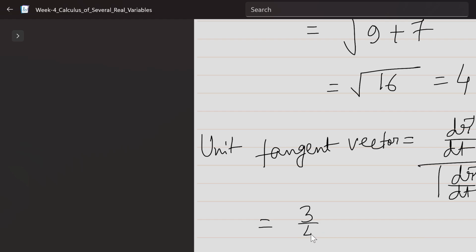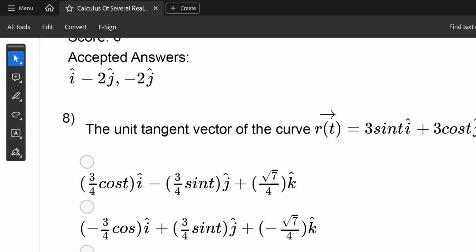So it is 3 by 4 cos t, minus 3 by 4 sin t, plus root 7 by 4 k. This is your answer. First I will show you the answer. The answer is what? 3 by 4 cos t, minus 3 by 4 sin t, plus root 7 by 4.